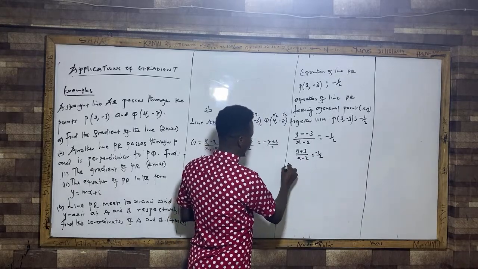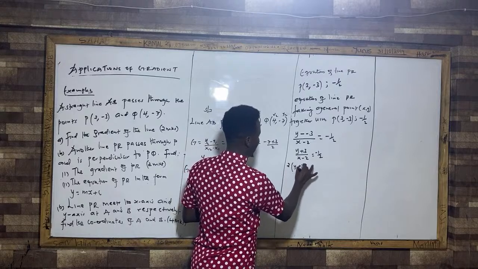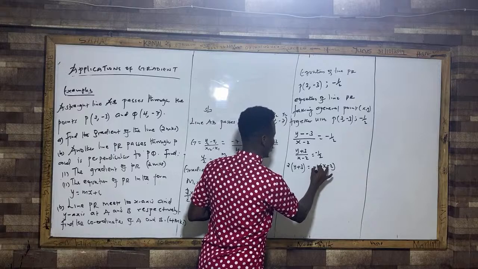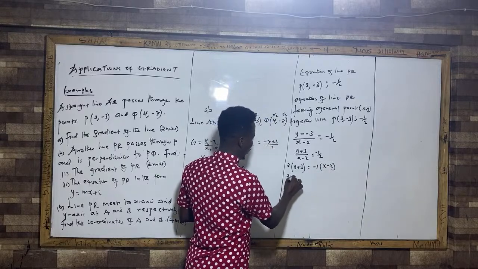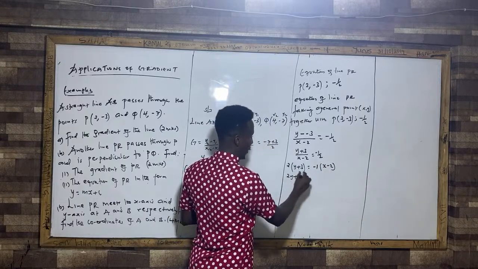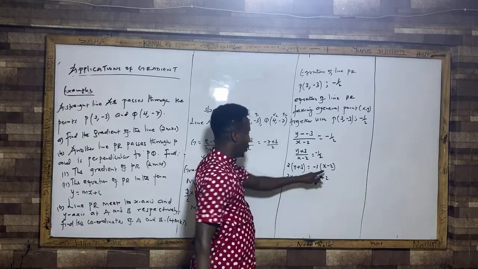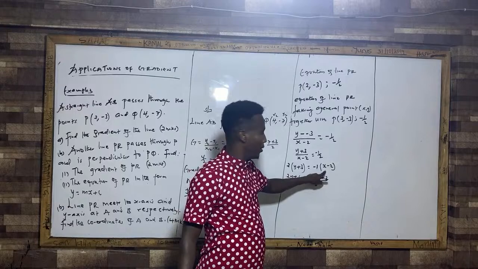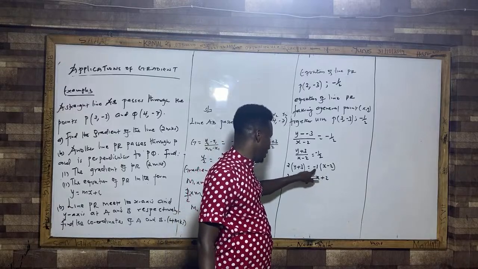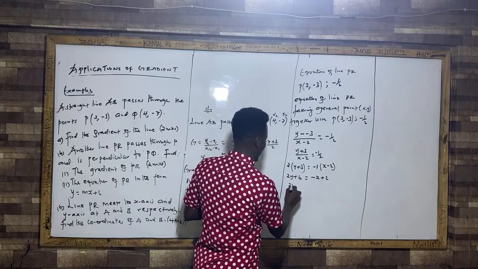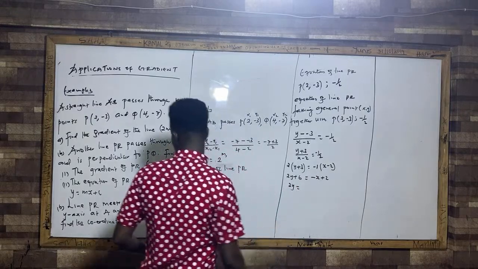So it will be 2 into y plus 3 is equal to negative 1, open the bracket, x minus 2. So I'll have 2y plus 6 is equal to negative x plus 2, because negative 1 times x is negative x, okay? Then negative 1 times negative 2, positive 2. So take this one to our side. So 2y is equal to, let's follow the instruction.